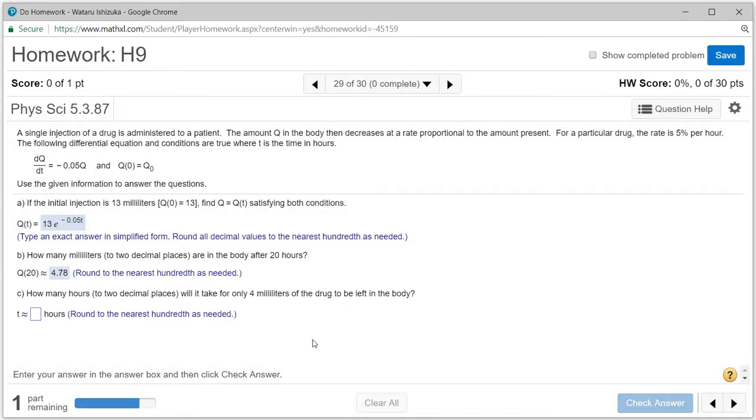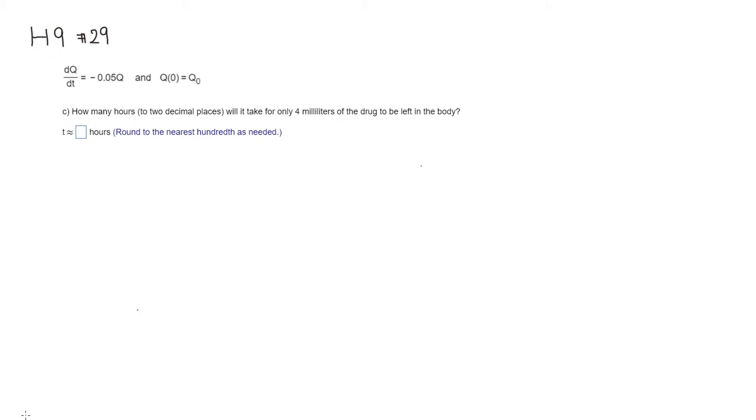Part C: how many hours will it take for only 4 milligrams of the drug to be left in the body? For this one, we have to do a little bit of work. I open up the notes. Q of t was 13 e to the negative 0.05 t, and we set this equal to 4.